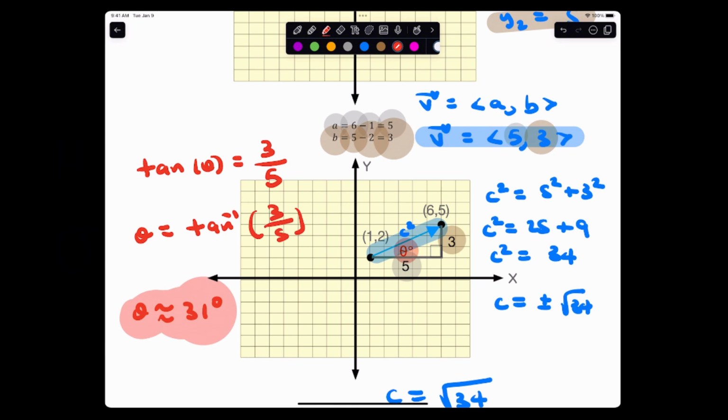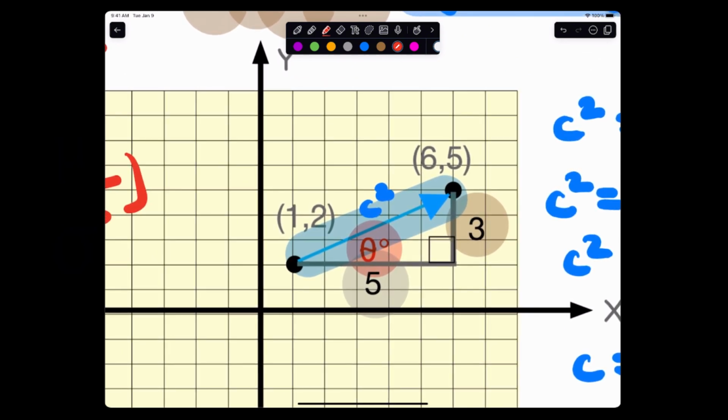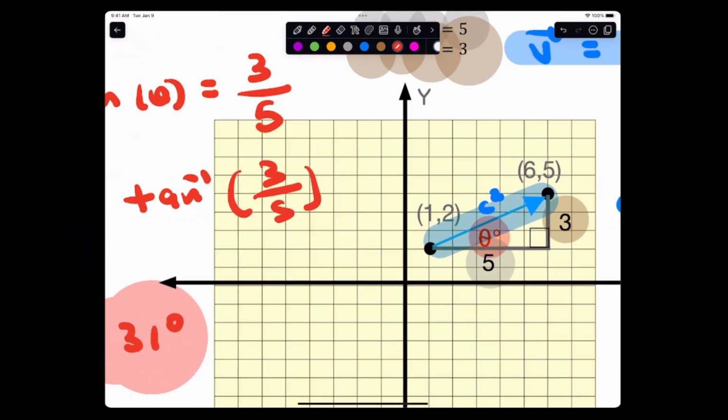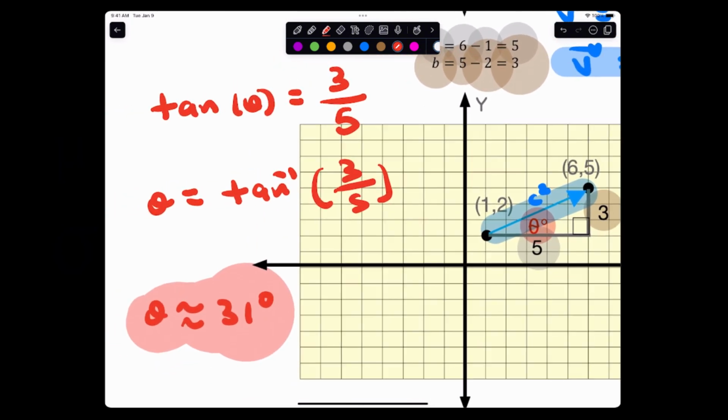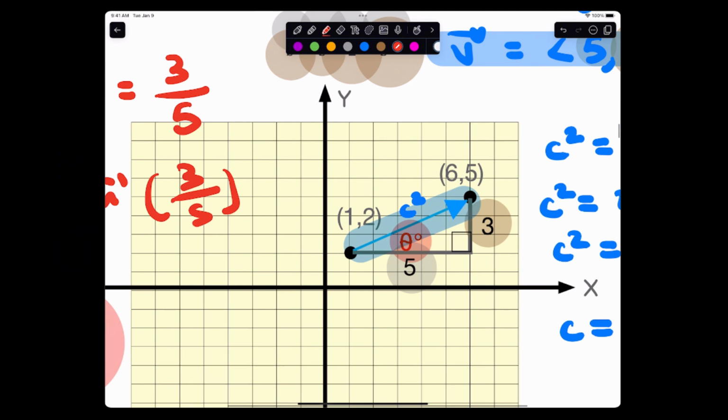So, ladies and gentlemen, you're done. Now, let's think if this makes sense here. Could that angle possibly be 31 degrees? How do we know? If I said to you guys, I'm going to create another imaginary x and y coordinate here, because you guys remember, calculators aren't always perfect.